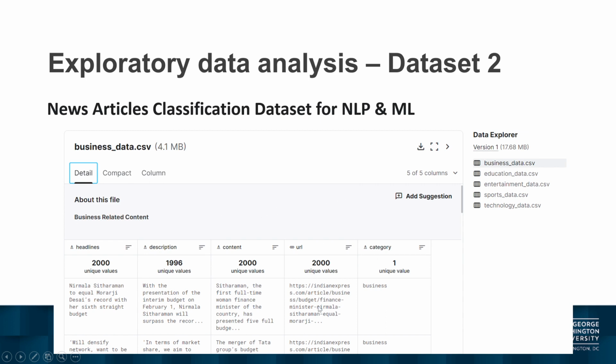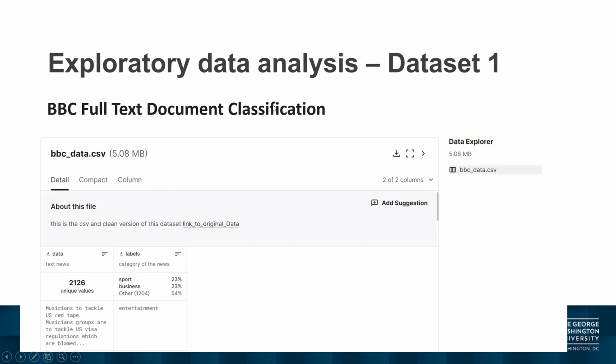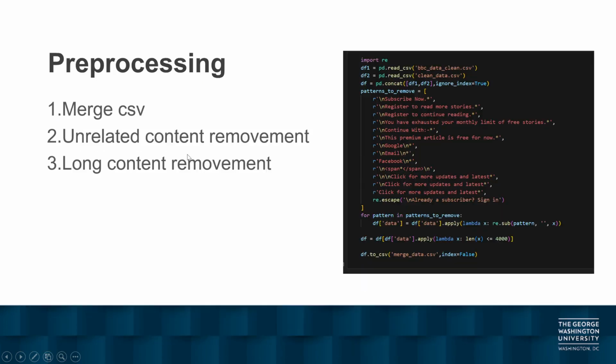And they have 5 columns. Each file has up to 2,000 rows. But for me, I just pick the content and the category and turn them into data and labels, which fit the first one's format.